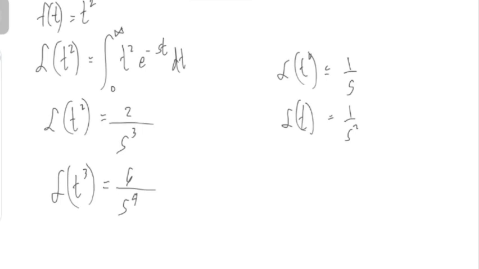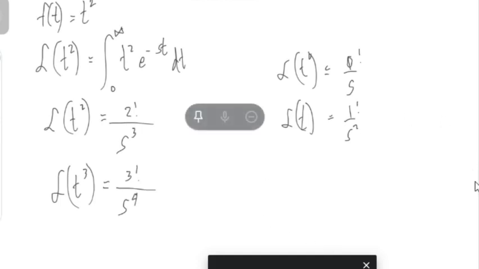Actually, 6 can be written as 3 factorial. Then, 2 can be rewritten as 2 factorial. Then, 1 can be written as 1 factorial. Then, this can be taken as 0 factorial, wherein 0 factorial is equal to 1. Based on this, we can generalize.